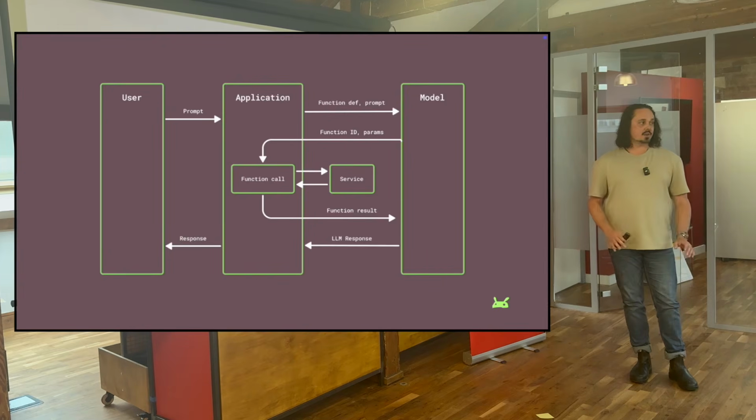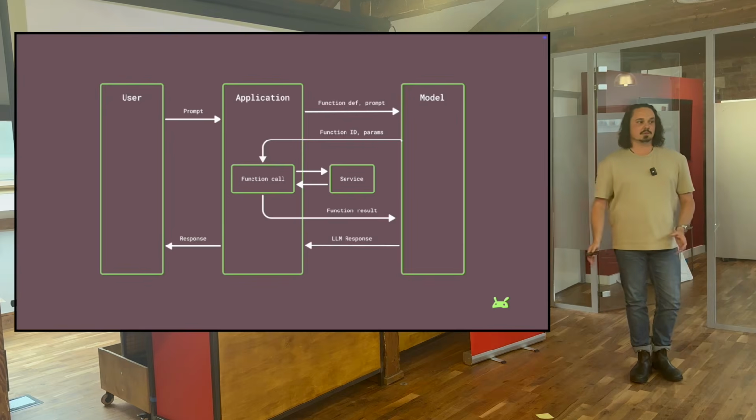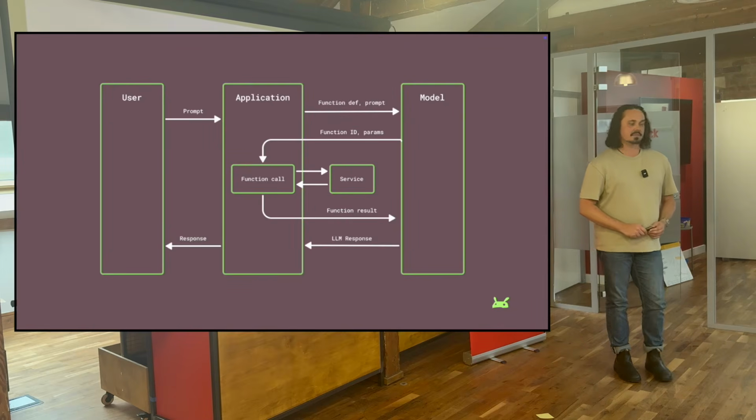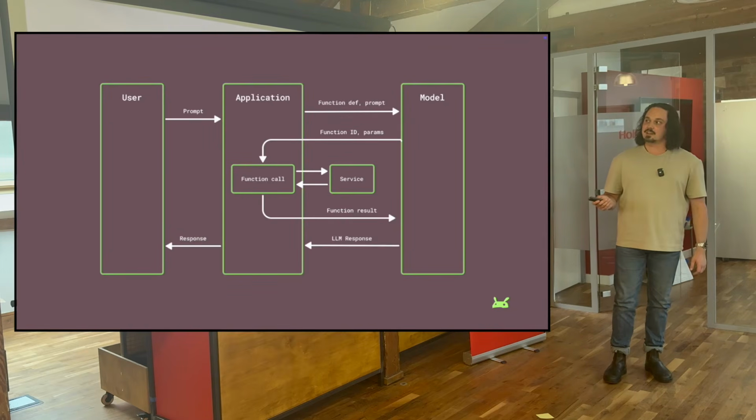The way function calling or tool calling works is that when you as a user prompt the application to say, I want to do things, and that could be through text, or however your app has layered something in front of that prompt, your application then also sends along function definitions. These function definitions give the model in its context all the stuff that it can do that isn't just responding to you with really verbose sentences.